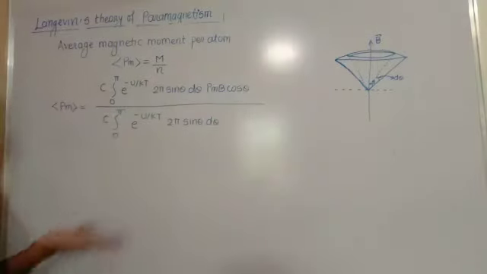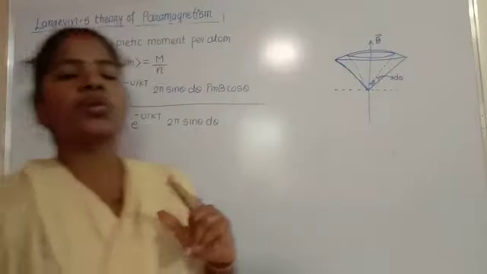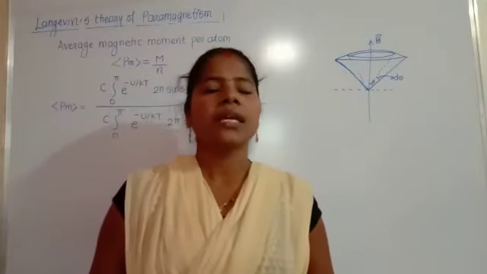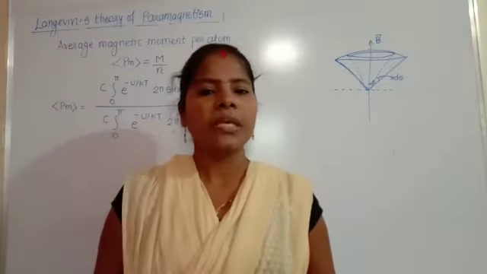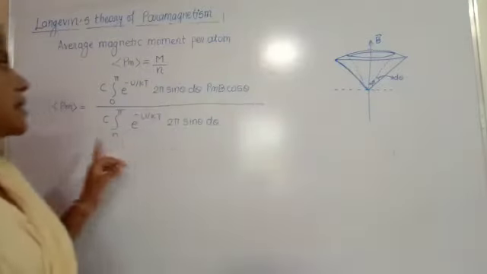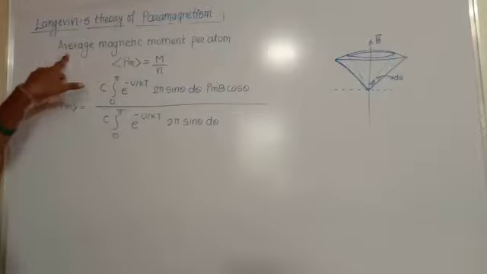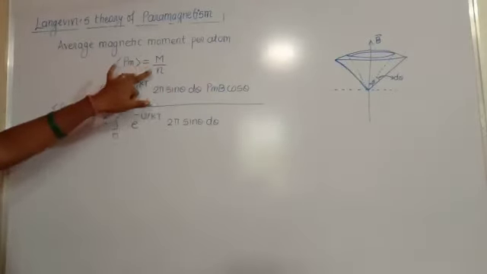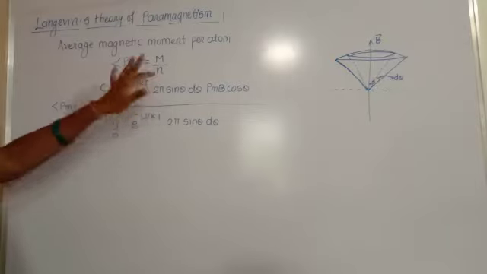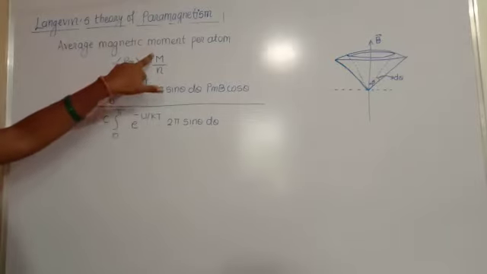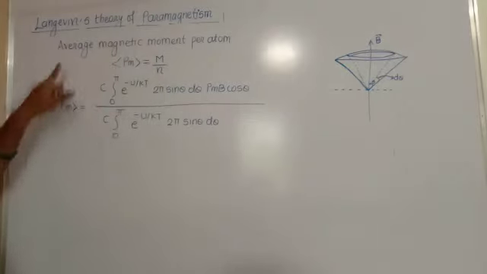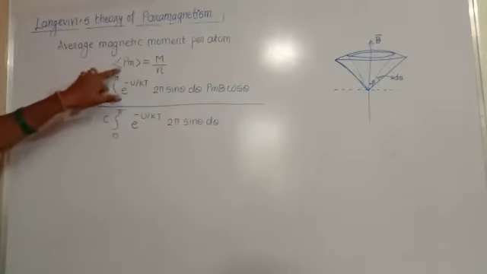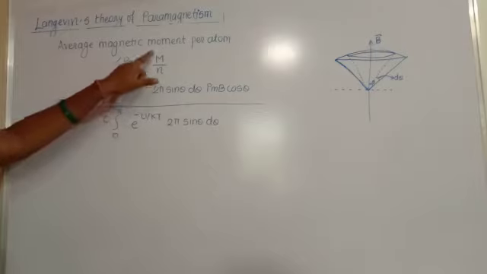Next we calculated the total magnetic moment, that is the capital M value, that is n into pm B cos theta. And in this class we are calculating the average magnetic moment per atom. In the previous class we calculated n, and in the class before that we calculated M. So the average magnetic moment per atom, average pm, is equal to M by n.